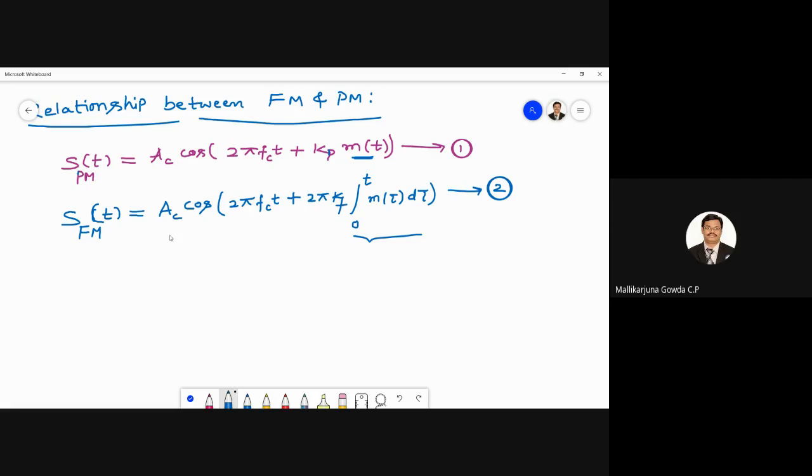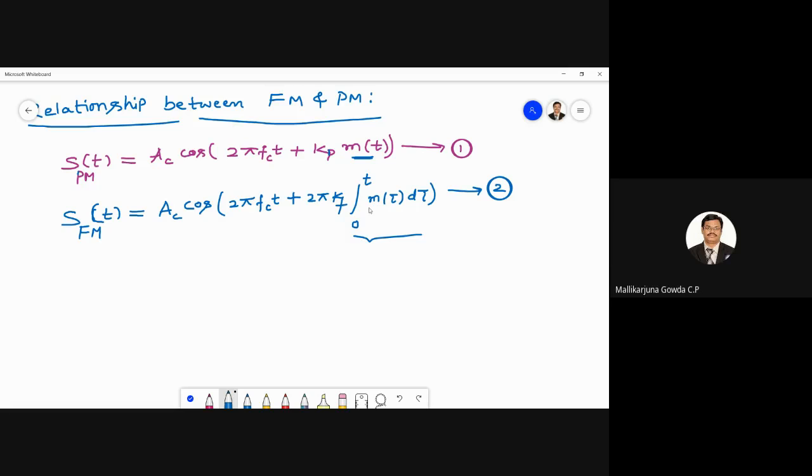You should write it and then you will be able to understand. Replacing m of t in equation 1 by the integral from 0 to t of m of tau d tau, can I say the phase modulated signal changes into a frequency modulated signal? Leave this term, this is a constant term only, Kp and 2 pi KF. You have to substitute and see, then only you will understand.